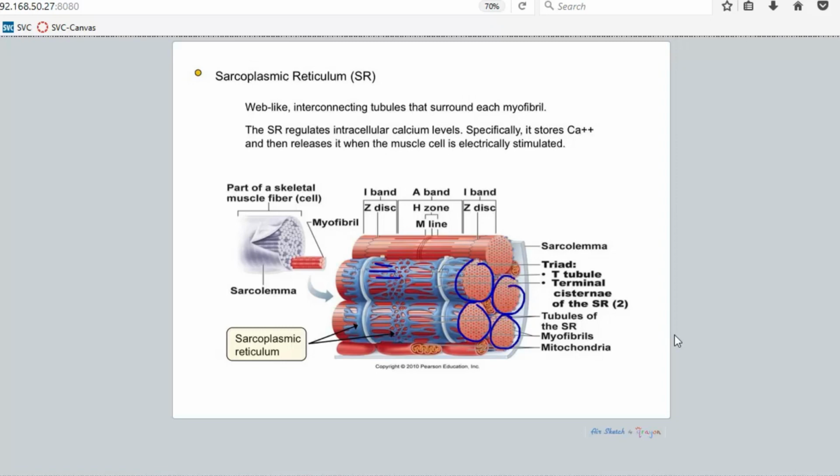The reason the sarcoplasmic reticulum is important, maybe you remember this from cell biology, is that it stores calcium. When a neuron comes down here and stimulates the muscle, the sarcoplasmic reticulum is going to release this calcium. Then the calcium, as you know, binds to that troponin molecule and enables skeletal muscle contraction to occur. So the sarcoplasmic reticulum stores calcium, and the release of calcium is required for skeletal muscle contraction.